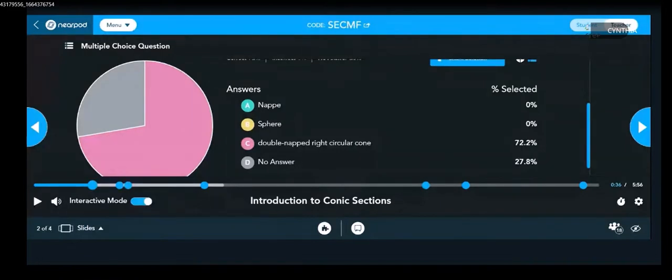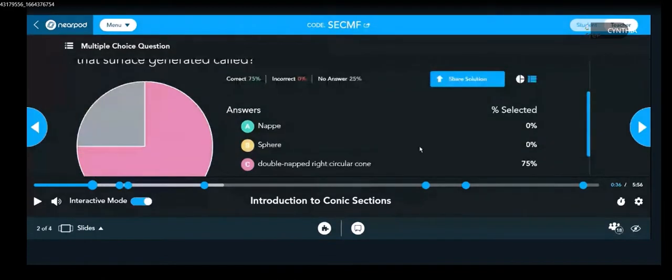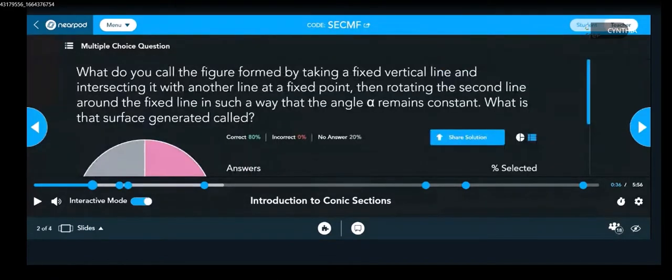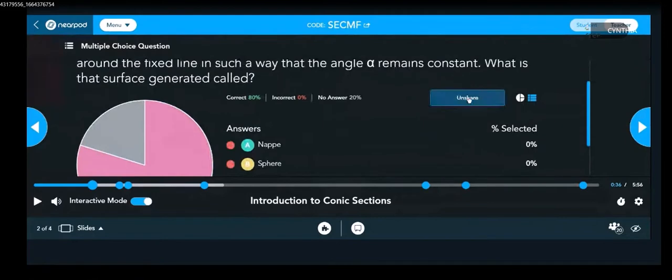Everybody click that button. Where are you, the 27.8%? I'm going to go back and check on you to see if you're having technical difficulties. You should be able to click on the right answer. We're going to move forward. It is a double napped right circular cone.